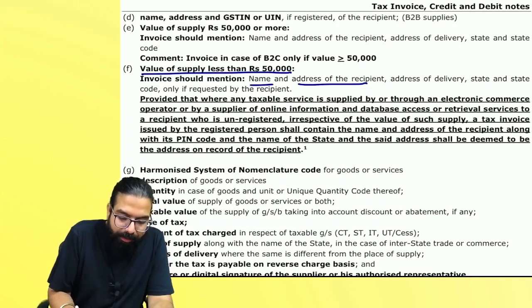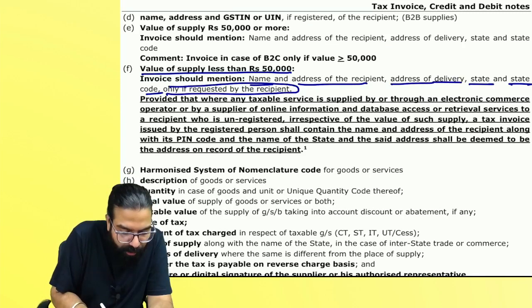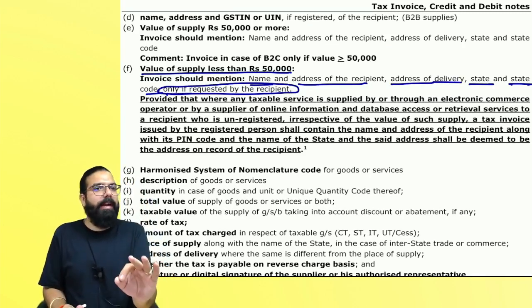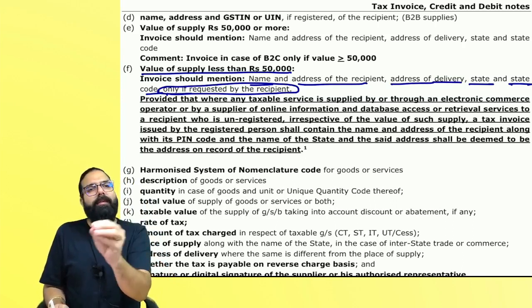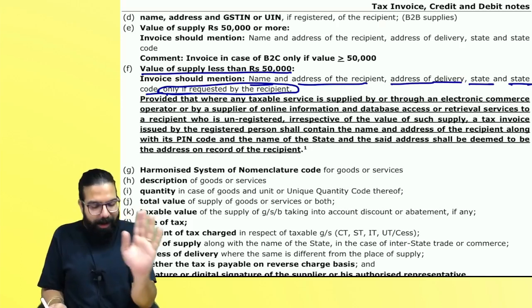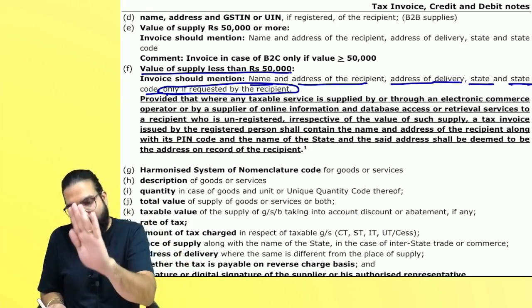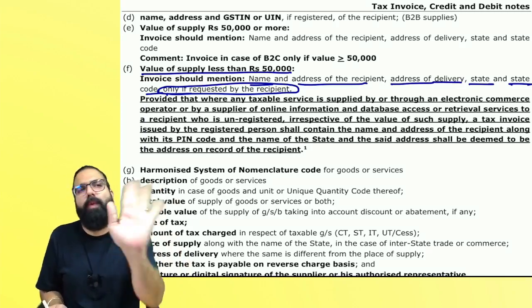Name, address of recipient, address of delivery, state and state code is required only if it is requested. Otherwise, you are not required to mention. Are we clear, everyone? Whenever it's a B2C supply and the value is less than 50,000, you are not required to mention name, address of recipient, address of delivery, state and state code. But you will be required to mention if it is requested.